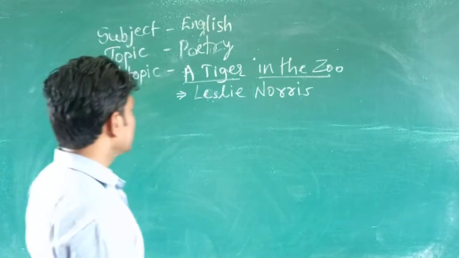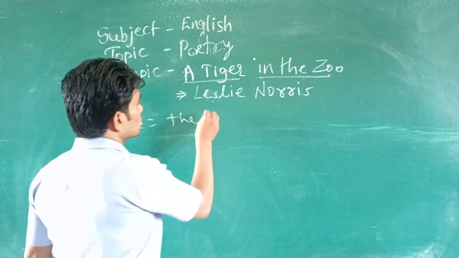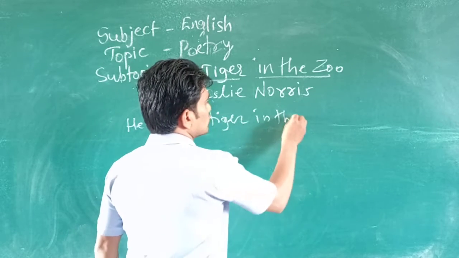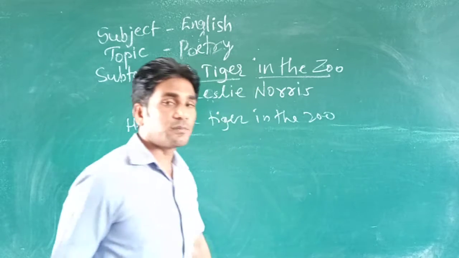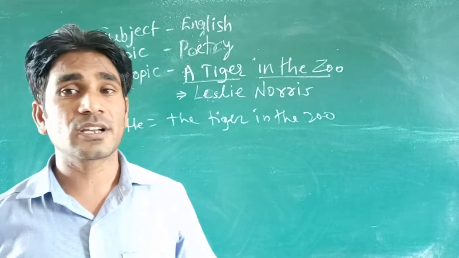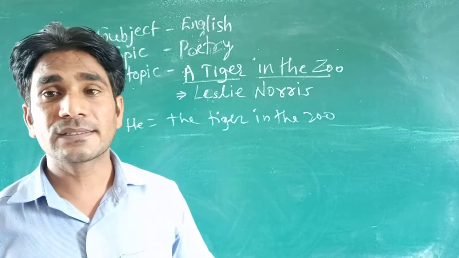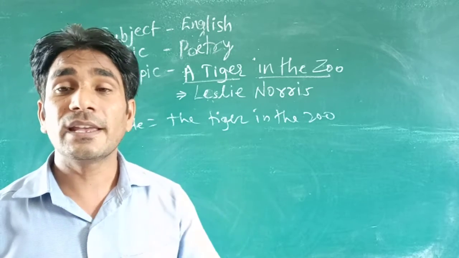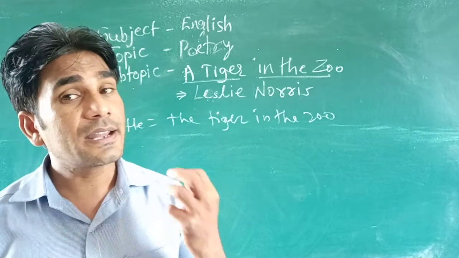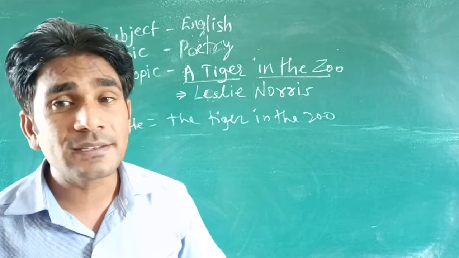So look here, the third one is the tiger in the zoo. Now in the fourth stanza, the poet is talking about the tiger in the zoo. There she says, he has been caged, locked in a concrete cell.